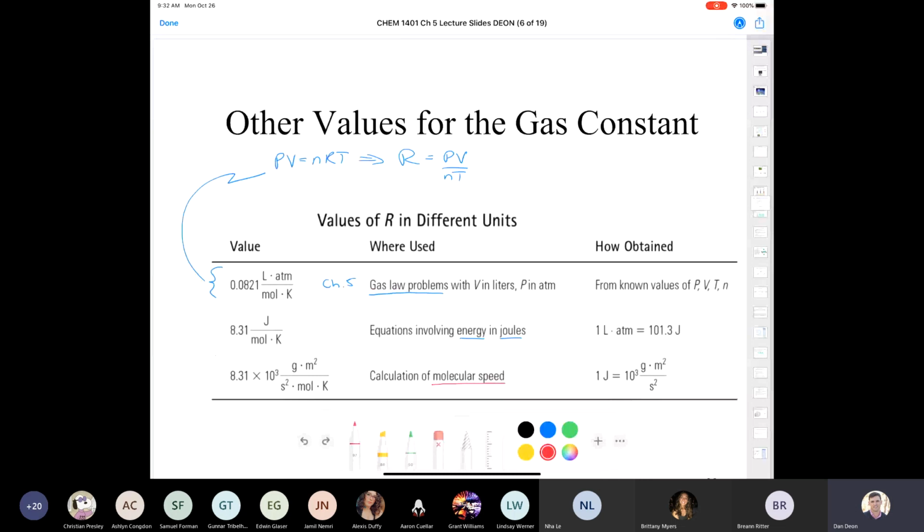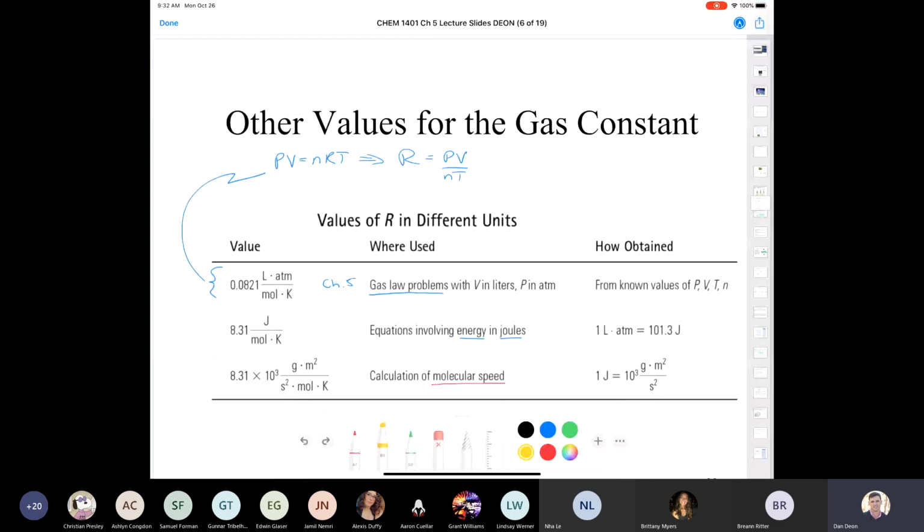Well, keep in mind, if any of you have studied physics, you've seen this conversion factor before, which is that 1 joule is equal to 1,000 grams meter squared per second squared. And what you might even be more familiar with is 1 joule is equal to 1 kilogram meter squared per second squared. So again, different values for R, and it's just going to be depending on what kind of mathematical problem we're tackling. Nothing more than that.